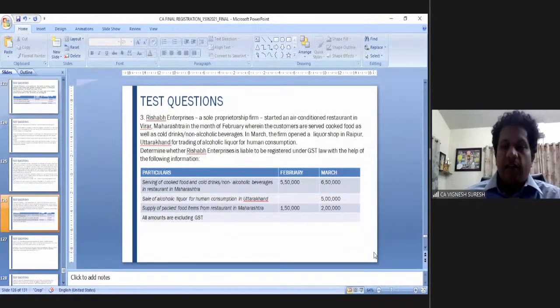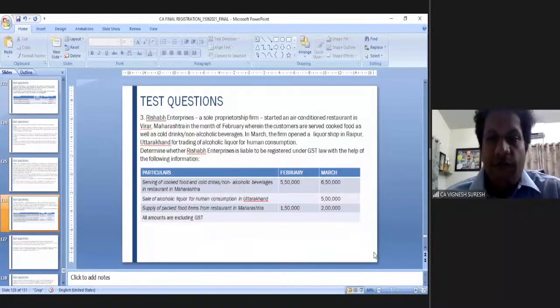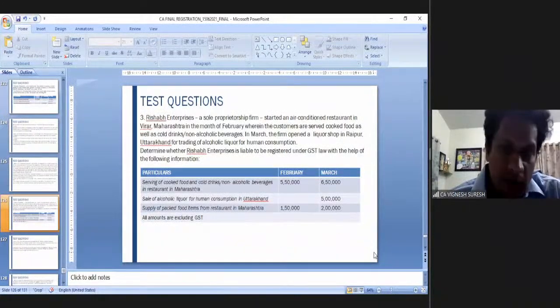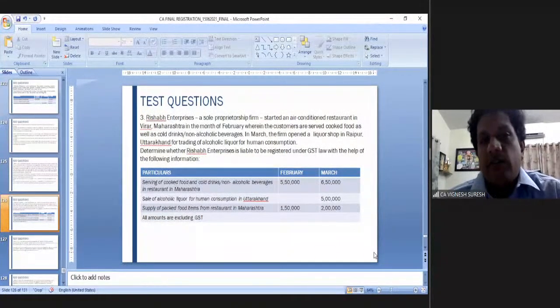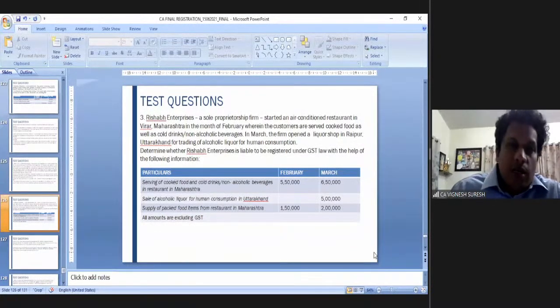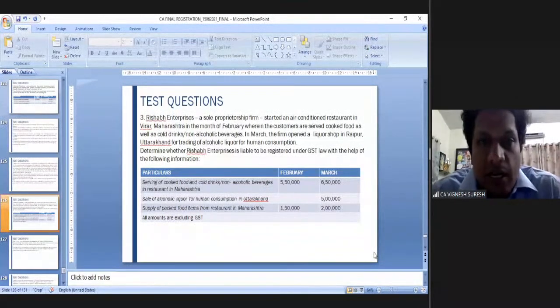So therefore, here what is happening? You have to see when the turnover is crossing the respective amount here. Another important thing you should remember when you are working out this problem is cooked foods and cold drinks or non-alcoholic beverages in a restaurant. The moment I say restaurant, restaurant refers to supply of service, which is given in the schedule to section 7, the definition of supply.